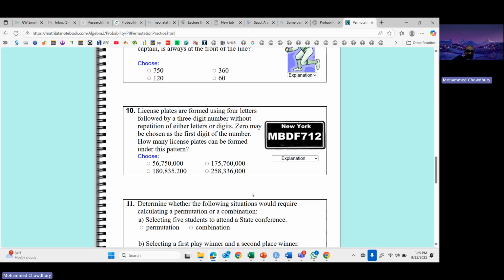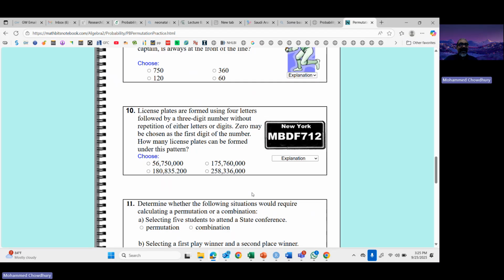License plates are formed using 4 letters followed by 3-digit numbers without repetitions of either letters or digits. 0 may be chosen as the first digit of the number.